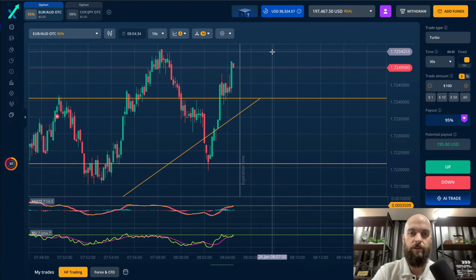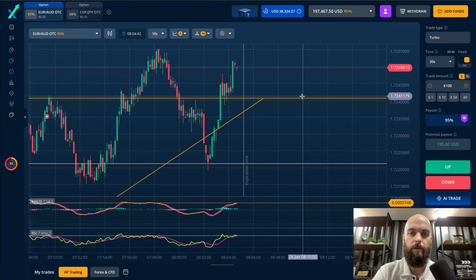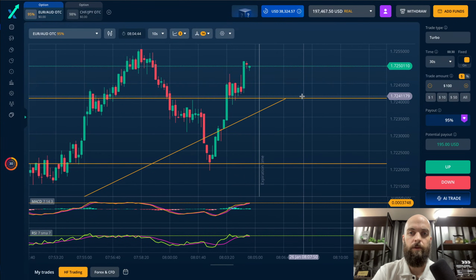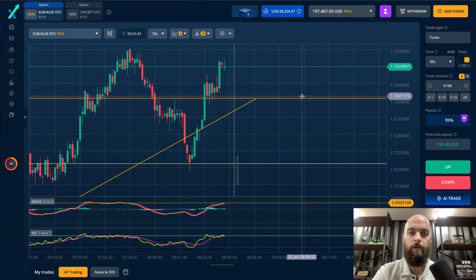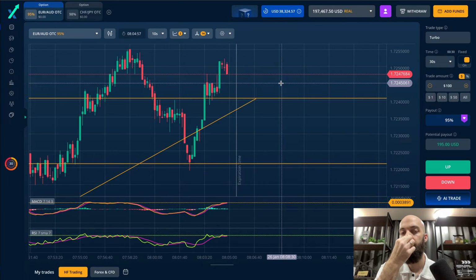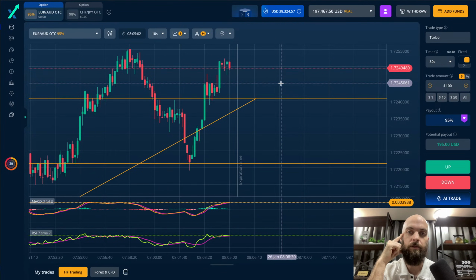Price wants to stretch. Pretty unclear for now what exactly with these crazy candles. So let's give it a few more seconds.